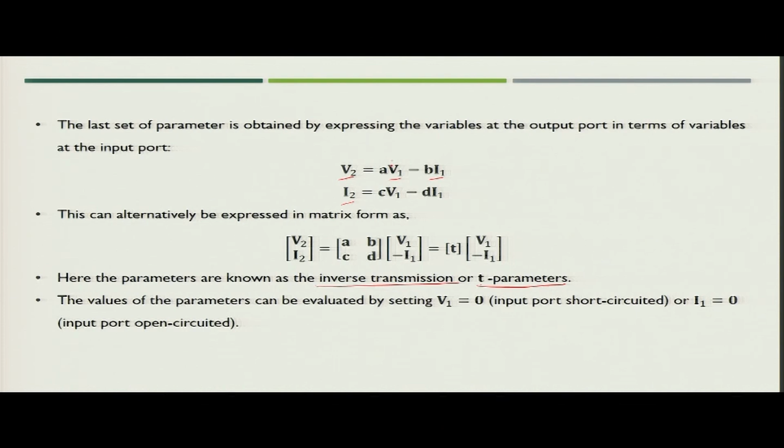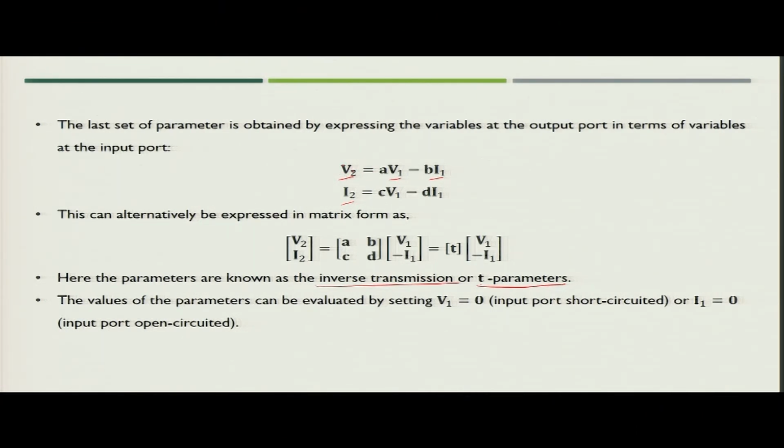We represent this relationship with small abcd because it is opposite to the capital ABCD parameters which we discussed till now, where we established the relationship of V1, I1 with respect to V2, I2. In this case, the relationship will be V2, I2 with respect to V1, I1. So, here V1, I1 are independent, V2, I2 are dependent.